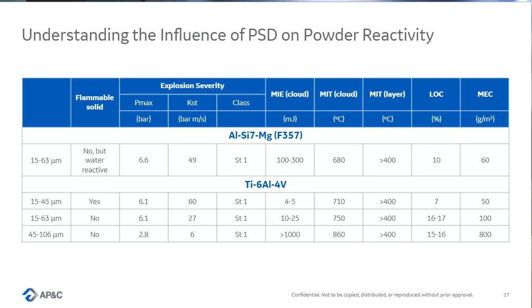When you compare that with aluminum, people often think that aluminum is more dangerous and more reactive than titanium. And you see that indeed for similar size. So we checked the 1563. The aluminum has a larger KST, so more damage will be done if it's ignited. But its MIE is much higher, so it's harder to ignite those kinds of dust clouds.